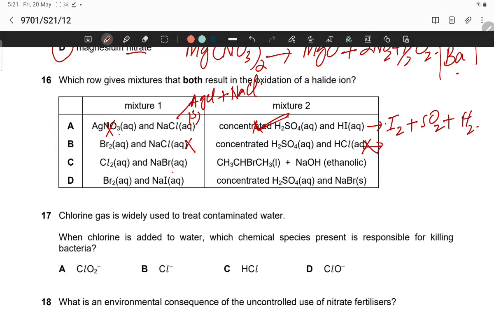Cl2 and NaBr. Cl2 is reduced and Br is oxidized. Yes, this is oxidized. This is correct. But CH3CHBrCH3 and sodium hydroxide in ethanolic medium: in ethanolic medium, an elimination reaction takes place.